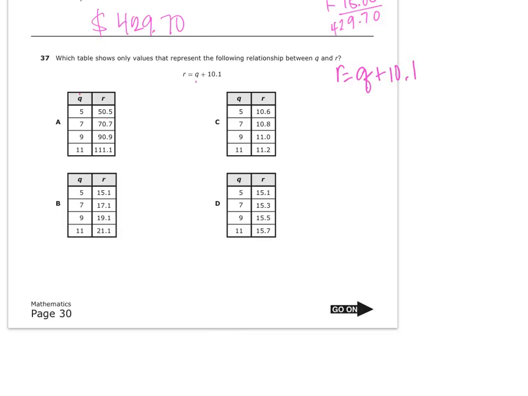If I substitute 5 in here, plus 10.1, R equals 15.1. Does that work? No. Okay. Let's look at these. I bet we could look at them and kind of see. 5 plus 10.1. No, that's not going to get you there. 5 plus 10.1, 15.1. Yes. 7.1. Yes. That's easy. Okay, those are pretty easy.